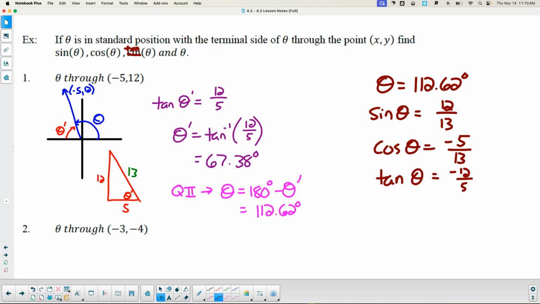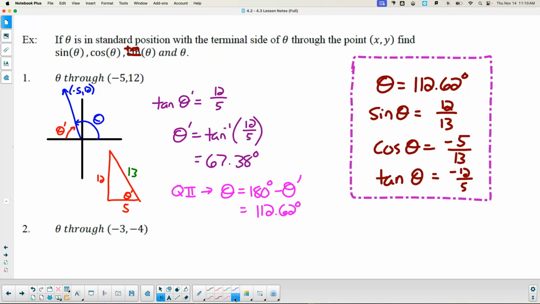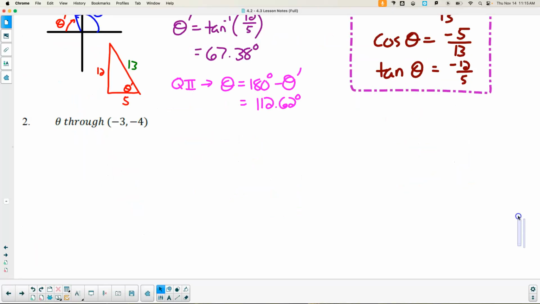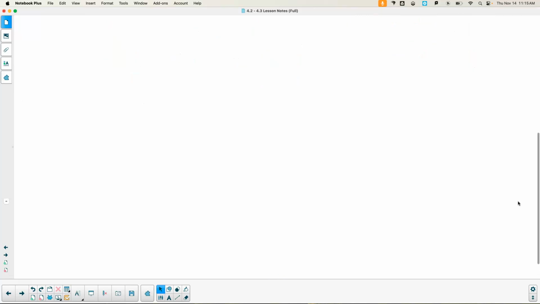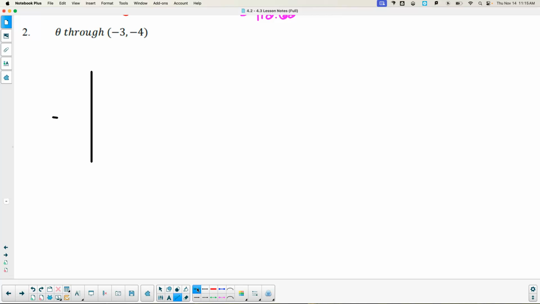Yeah. You now do theta, sine of theta, cosine of theta, tangent of theta, if the terminal side goes through the point -3, -4. Okay. Which quadrant are we in? Third one?